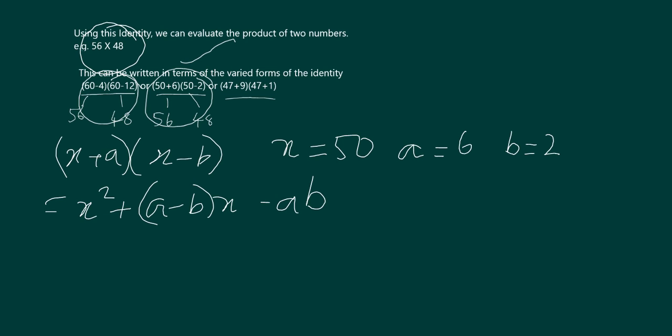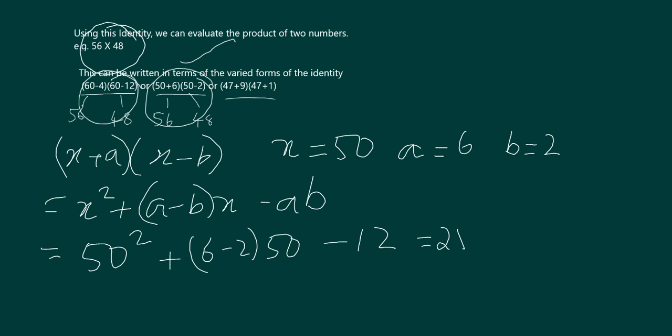So just directly substituting these values, x² is 50², plus (a − b), which is (6 − 2) times 50, minus ab, which is 6 into 2, which is 12. That is 2500 plus 4 times 50, which is 200, minus 12, and on doing this I end up with a value which is 2688, which is actually the multiplication of 56 times 48.